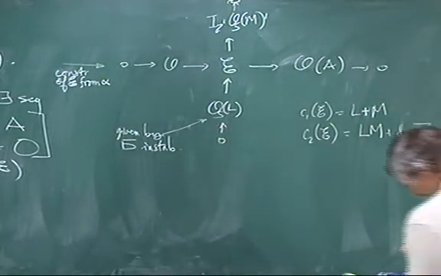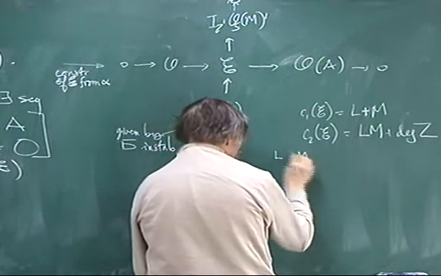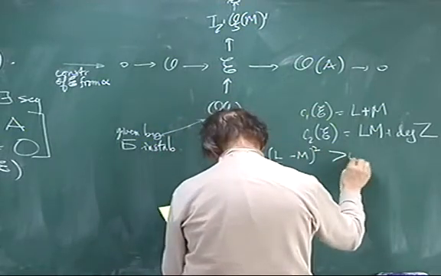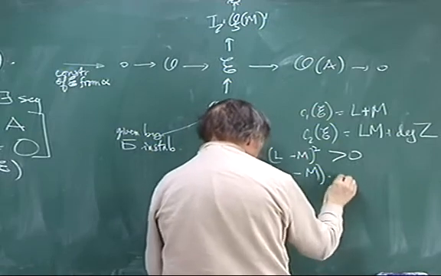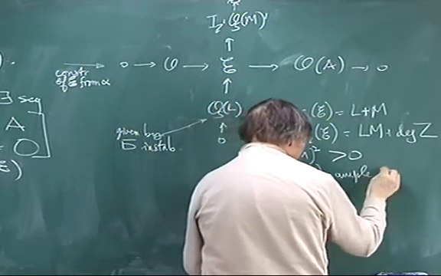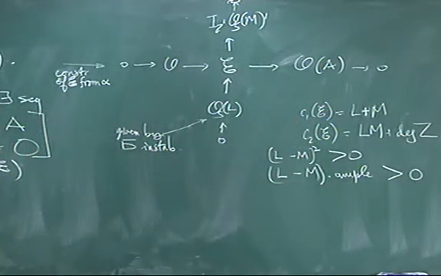Right, and so the thing that we know for free is that L minus M squared is positive, and that L minus M times an ample is greater than 0. So now let's look at this sequence.